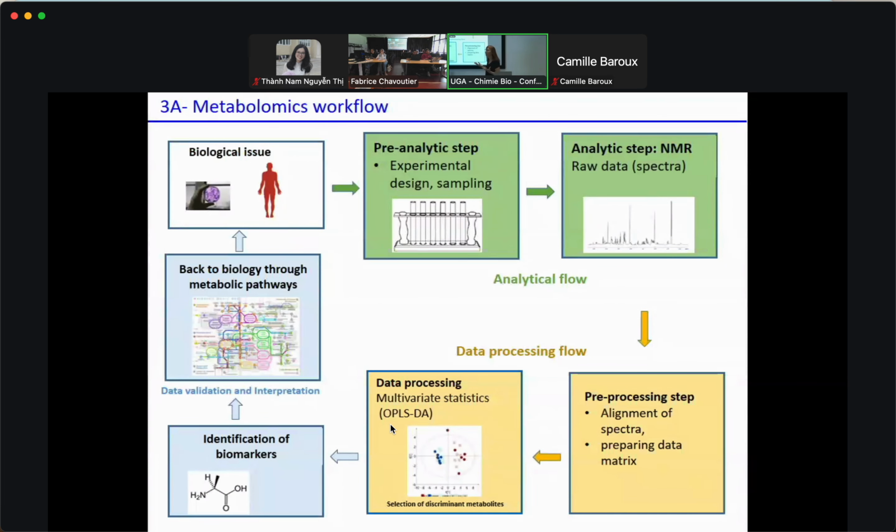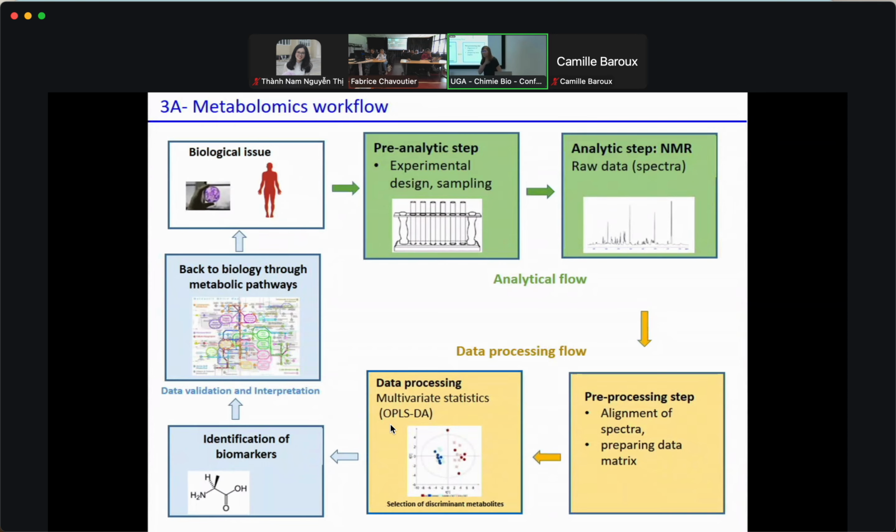Here is a general workflow to do metabolomics. We start with a biological issue, a question which is either mechanistic, from basic research, or clinical. After that, it is necessary to design the experimental set and the sampling step.